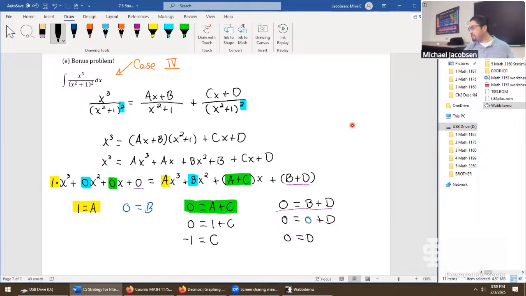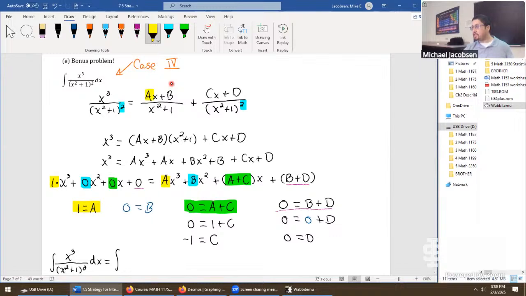Okay, now to summarize, we're taking the antiderivative of x cubed divided by x squared plus 1, squared. But by the algebra above, this transforms into something much nicer. Let's take a look. We're putting in a 1 for a up here, but the b coefficient goes to 0.